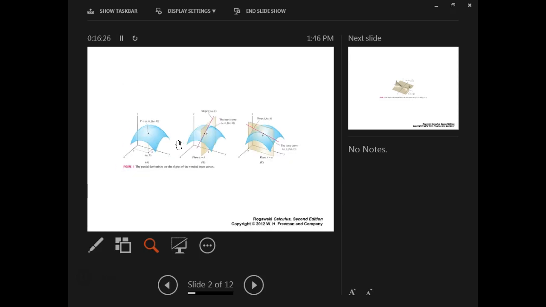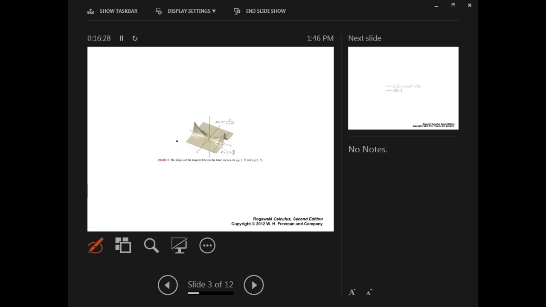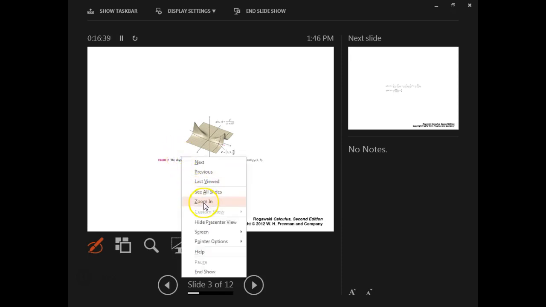All right, I think we're ready for example 2. Here's your function. I'm going to blow this up so you can read it.